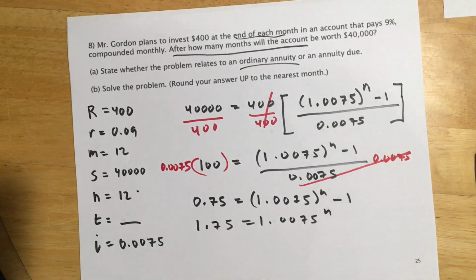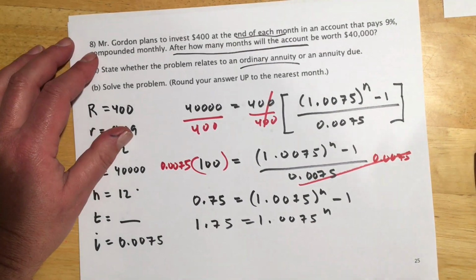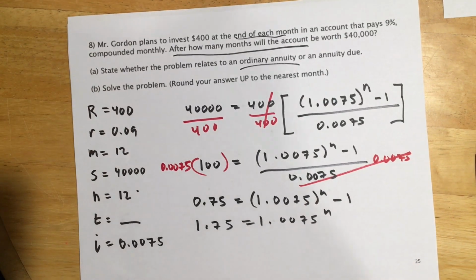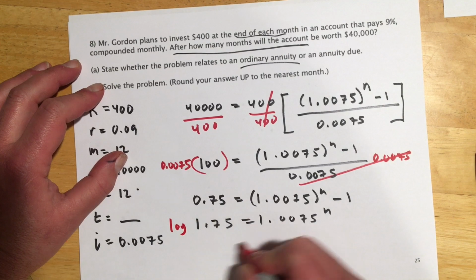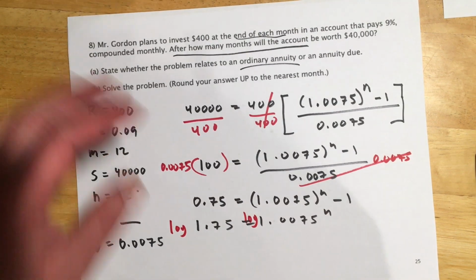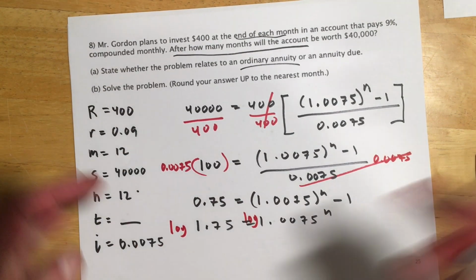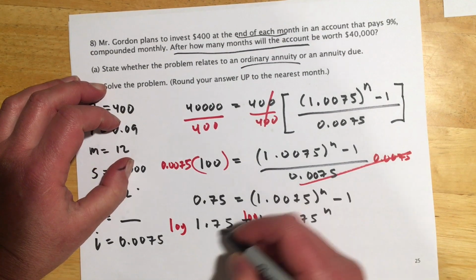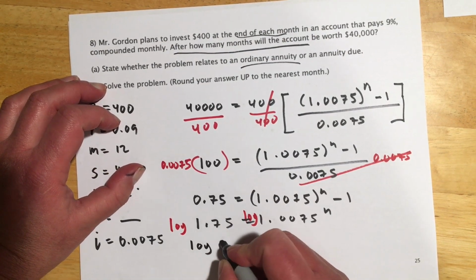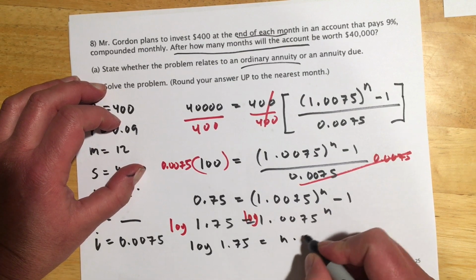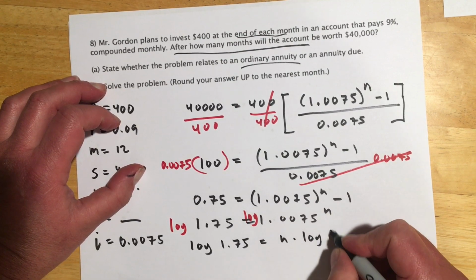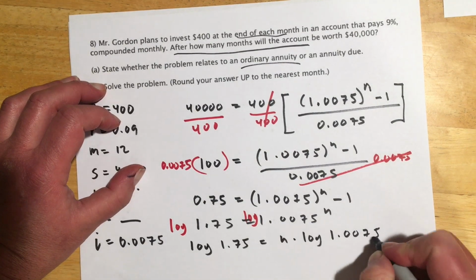And then here is where we are solving for an exponent, so this goes back to the last chapter. We're going to log both sides, so we'll go log and log. Bring the N down front. Log 1.75 equals N times log of 1.0075.